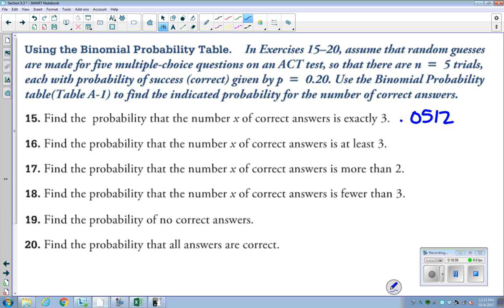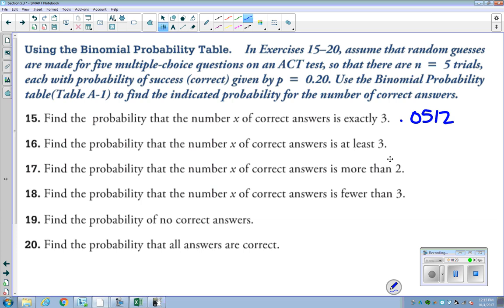Okay. So, if you recall from last section, when I have number 16, find the probability that the number X of correct answers is at least 3. I could have 3 correct. I could have 4 correct. I could have 5 correct.